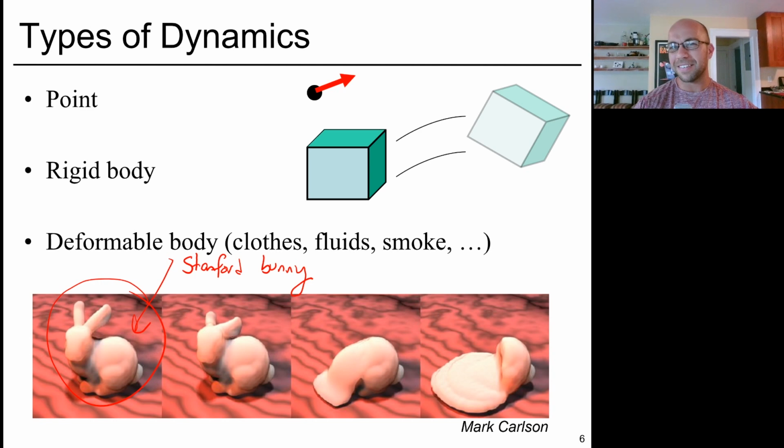It's just a fun 3D test model. If you're curious, I believe the actual physical Stanford bunny is a physical object that was 3D scanned a long time ago by Marc Levoy at Stanford. It's like a terracotta bunny, and I think it's actually at the Computer Museum in San Jose, California, but I could be wrong.